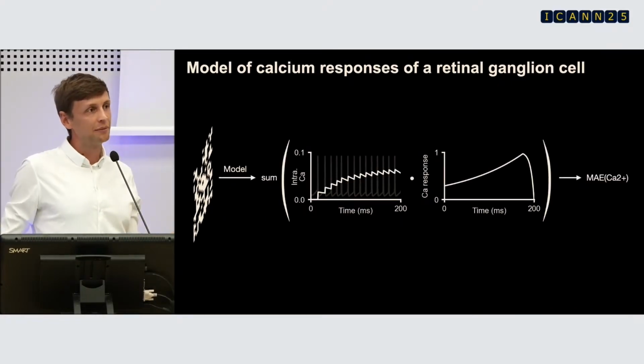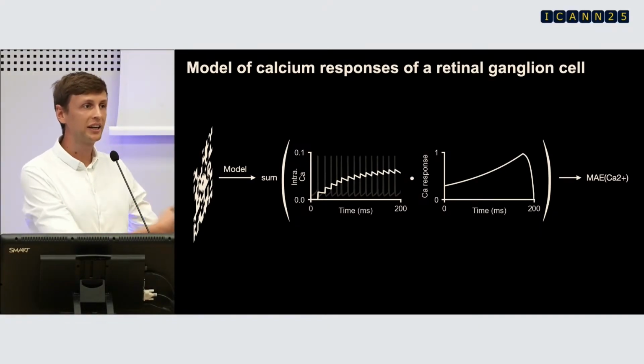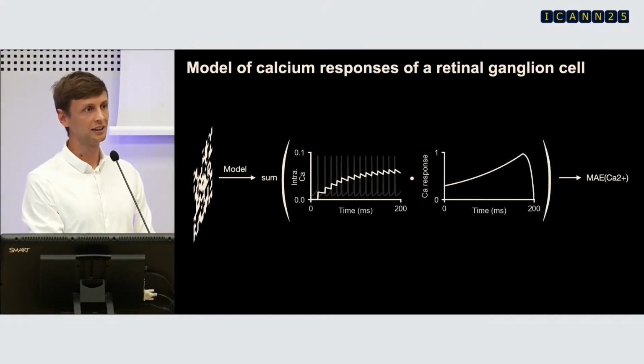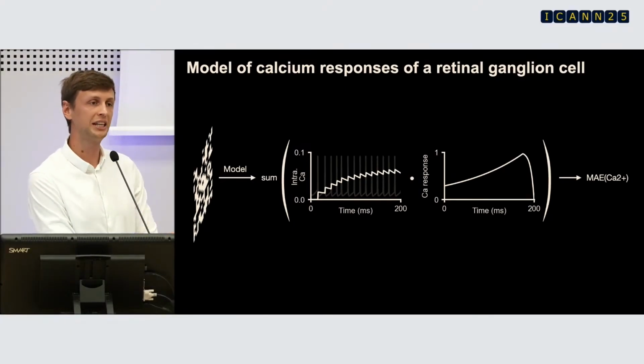And one beautiful thing about having a biophysical model here is that we actually don't have to worry too much about how we obtain a calcium signal from neural activity. A biophysical model just includes calcium channels, which inherently model calcium concentration and which thereby inherently predict how much calcium response there would be. And we just feed this into a mean absolute error function and then train on this.